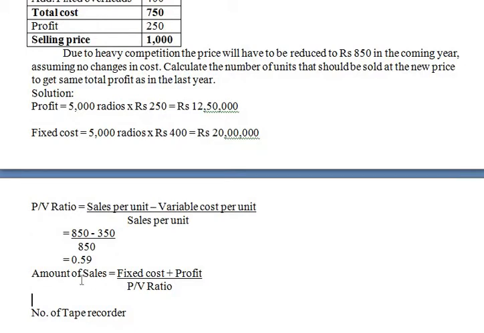Now we need to find out the amount of sales, which is equal to fixed cost plus profit divided by PV ratio.